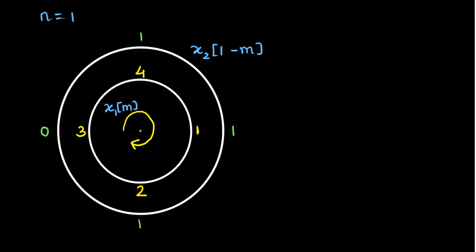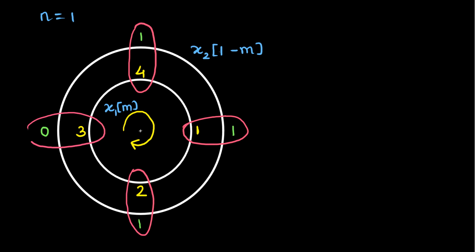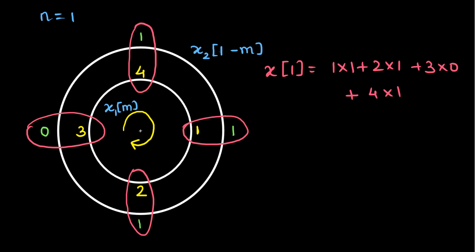Now again we need to multiply the corresponding elements like this and add them. So we have the value of x1 equal to 1 into 1 plus 2 into 1 plus 3 into 0 plus 4 into 1, and this comes out to be 7.